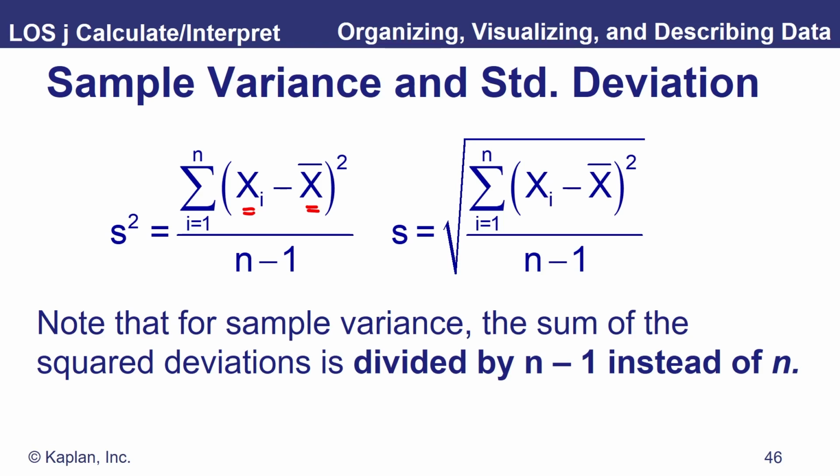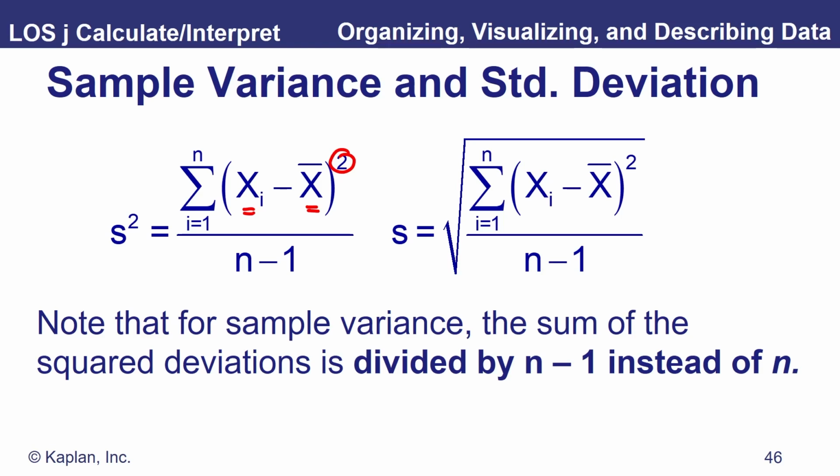But variance has a different way of getting rid of the zeros or the negative values. What it's going to do is square the deviations from the arithmetic mean. Now, of course, when you square a negative number, it becomes positive. So this gets rid of our problem of negative values and the sum being 0.